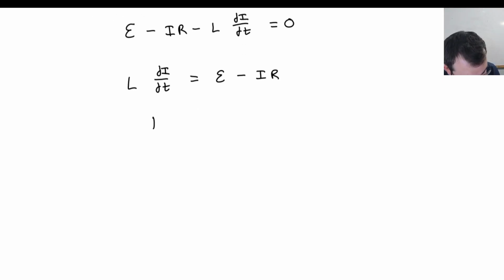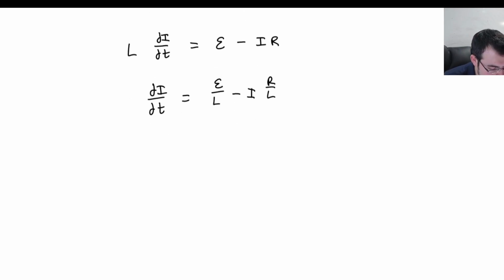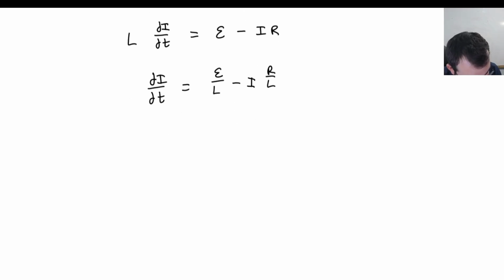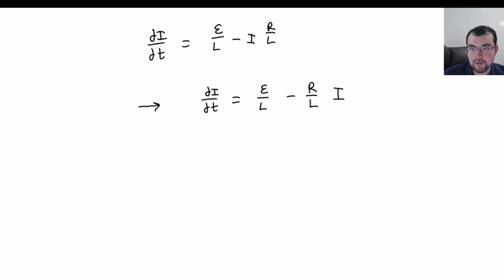Then if I solve for di/dt, I get di/dt equals epsilon over L minus I times R over L. We can simplify this to make it more readable: the derivative of I is equal to some constant minus R over L times the function I itself.